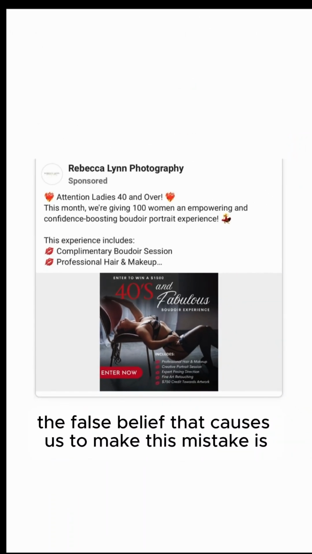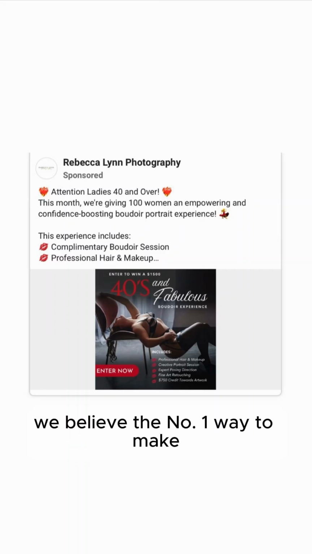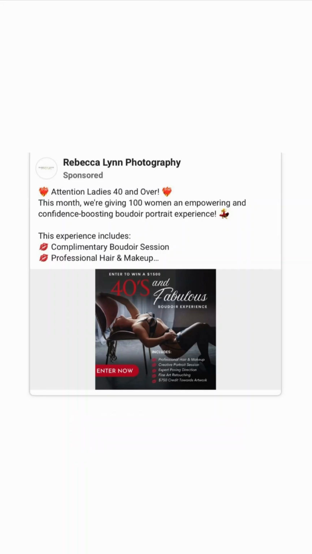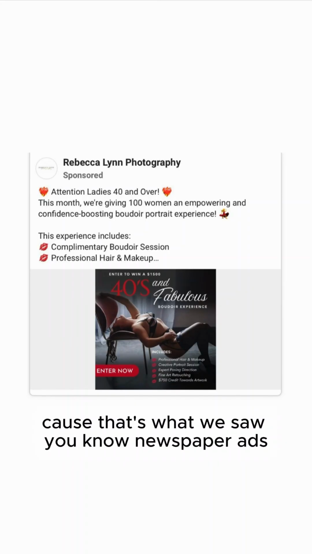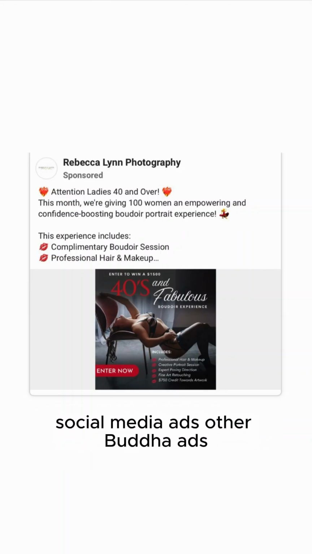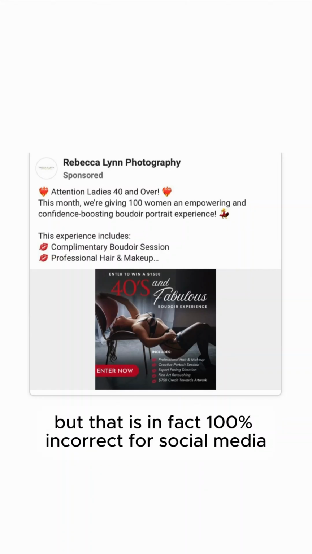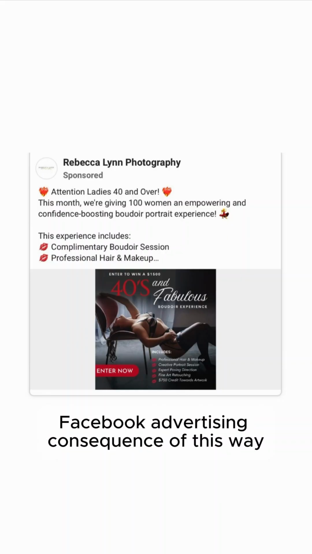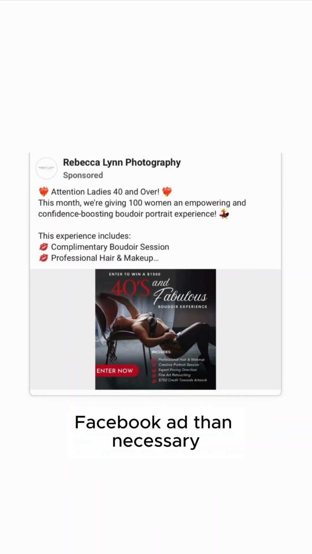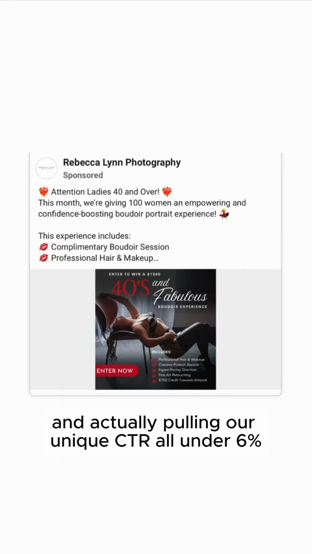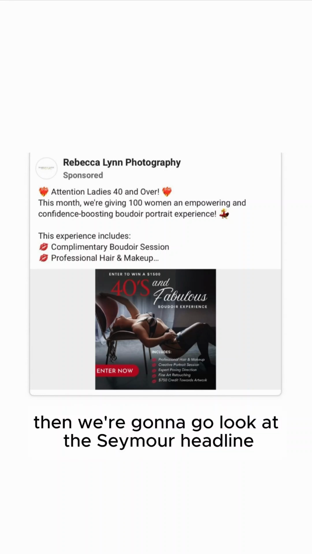The false belief that caused us to make this mistake is we believe the number one way to bring in buyers and the best way to run ads is to have our ad look like an ad, because that's what we saw. Newspaper ads, magazine ads, TV ads, social media ads, other boudoir ads. But that is in fact 100% incorrect for social media Facebook advertising. Consequence of this, way more women scrolling by our boudoir Facebook ad than necessary, and actually pulling our unique CTRL under 6%.